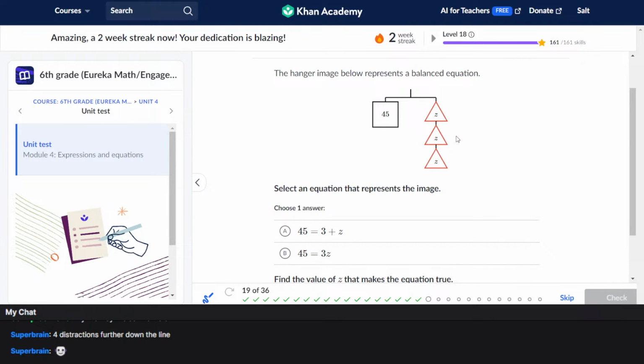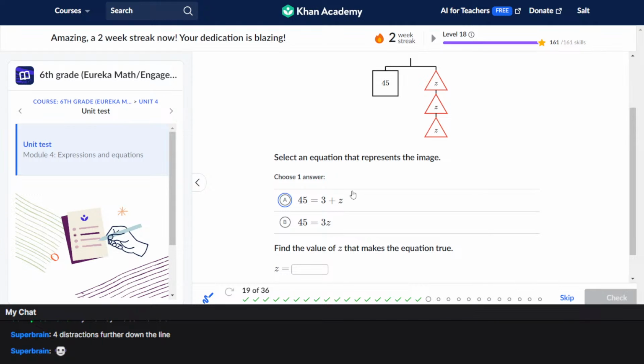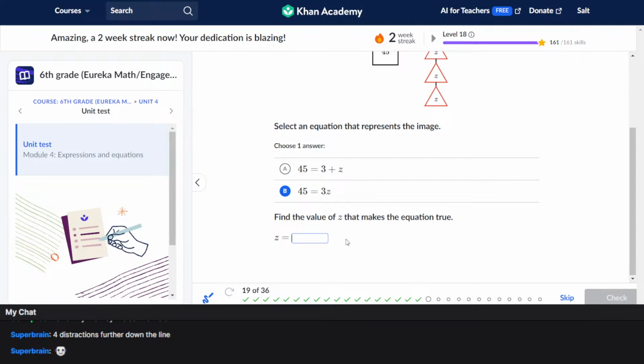This equation. Oh, yeah. I think 15. 30.